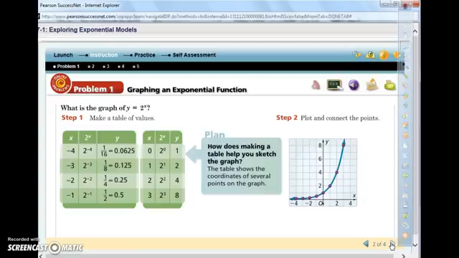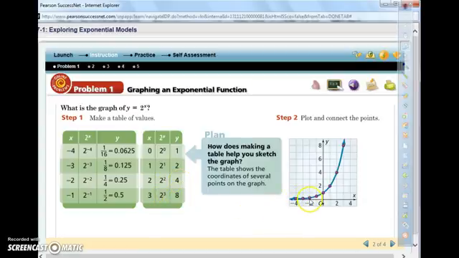So the graph of y equals 2 to the x, if you make a table of values, so we're going to put in -4 into the x value, and if you put that in your calculator, you get 1/16. Put -3 in, 1/8, or 0.125. So we're using our calculators to do that. And so when you look at your graph on your table, 2 to the 0 is 1, 2 to the first is 2, 2 to the second would be 4, 2 to the third is 8.